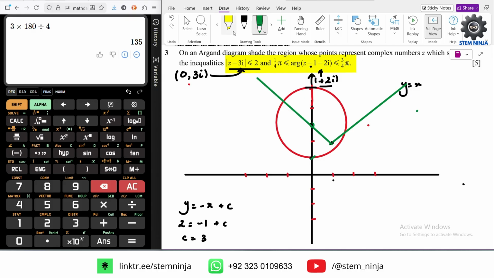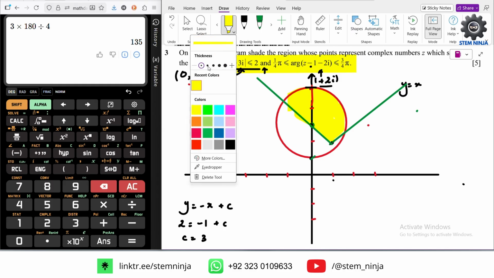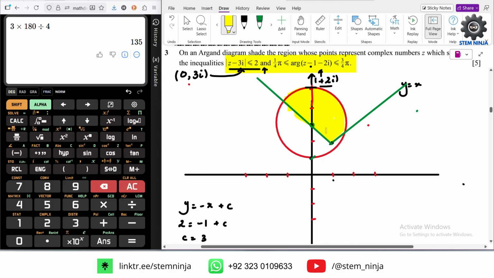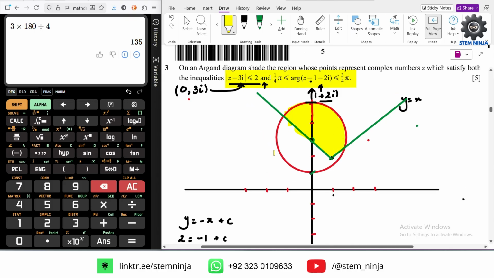So the region that corresponds to these two combined would be this particular region, right? And right over here also, right? Okay, done.